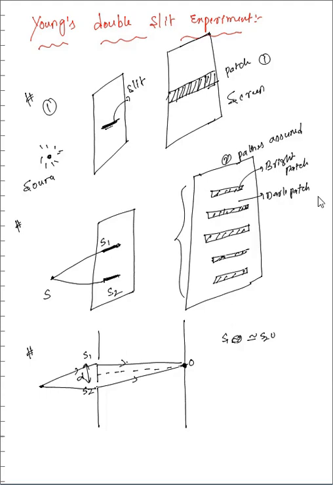Therefore S1O minus S2O is 0, so the path difference is 0. That is called maxima, and the central one forming here is called the central maxima.